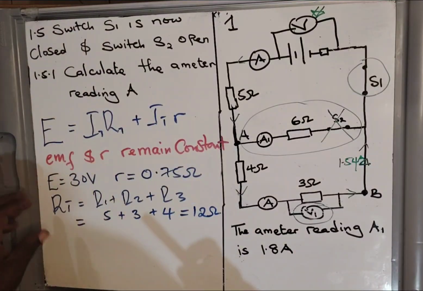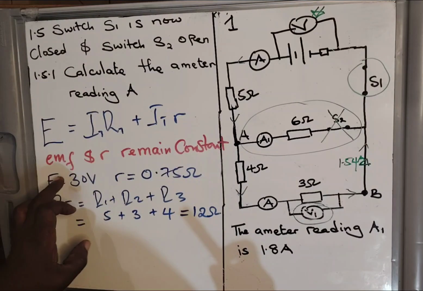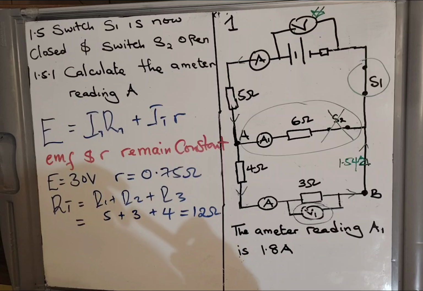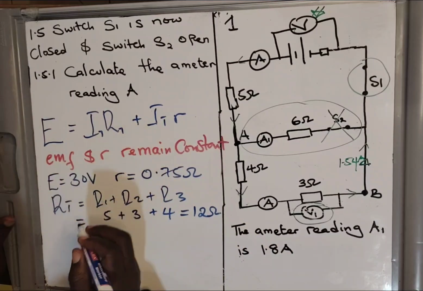So armed with this information, with the EMF, with the internal resistance, with the external resistance, the only unknown in this circuit is I. So when you come to substitute, what are you going to say?